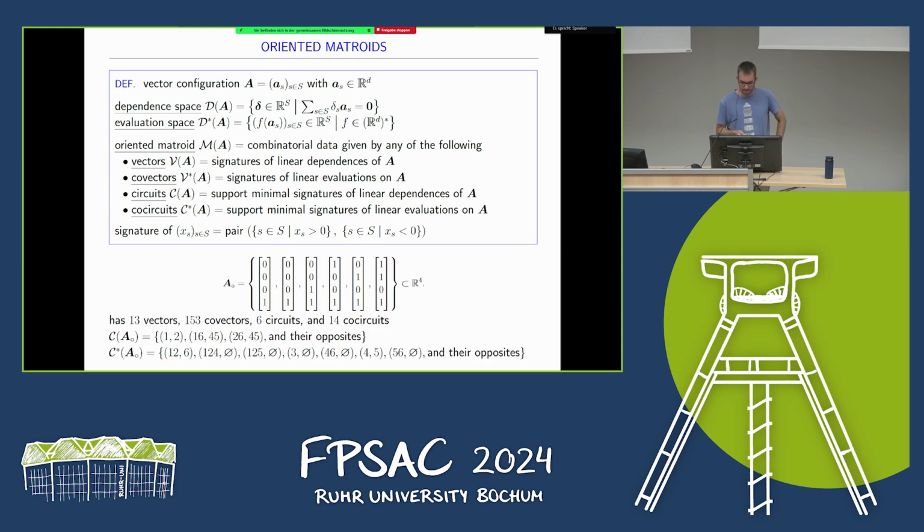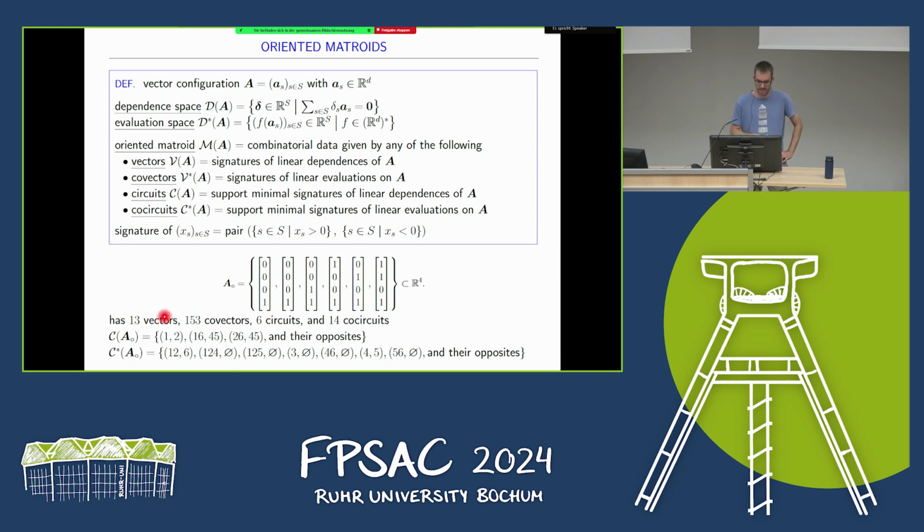So let me give you an example. I start from these 6 vectors in dimension 4. The naming is very bad, but this vector configuration has 13 vectors, signatures of linear dependencies, 153 covectors, 6 circuits, and 14 co-circuits. Let me just go through one circuit and one co-circuit.